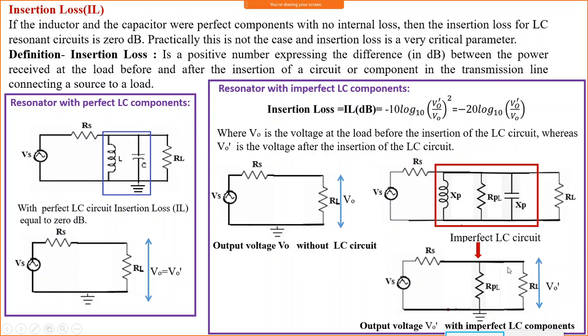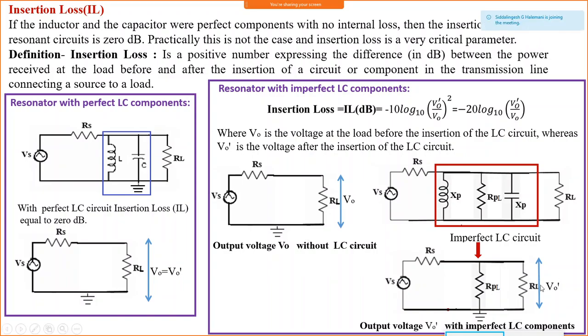So with inserting the network, find out what is the voltage here. To calculate that voltage, you should find the resistance of this and put it here. So now RL in parallel with RPL, you have to take the voltage across this parallel combination as V naught dash. That you have to calculate.